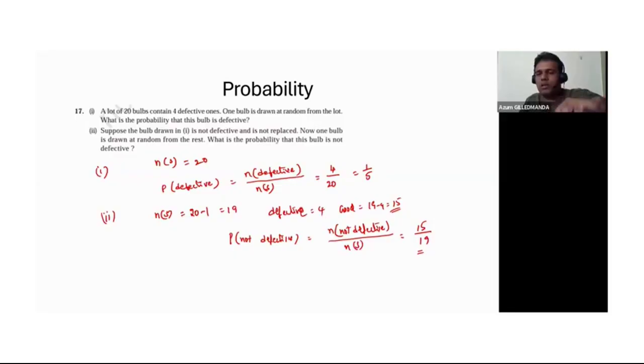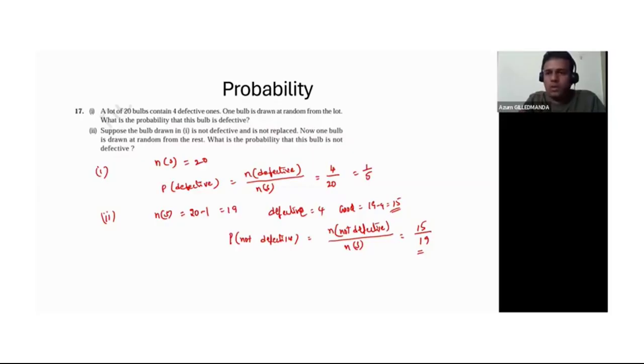If it is not defective, that was kept aside and another bulb was drawn from the remaining. So here the sample space becomes 19. That is key. We need to remember it is not 20 because one bulb is kept aside. So out of those 19, there are still 4 defective because the bulb that you initially drew was not defective.